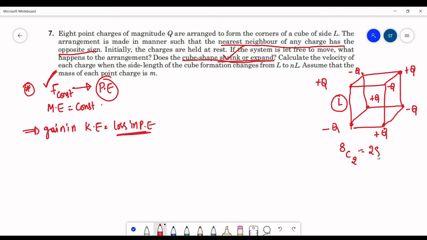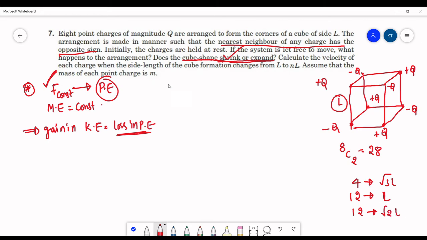So a total of 28 pairs are there in this system. 4 pairs will be diagonally opposite, meaning 4 pairs will have a distance of root 3 L. Some pairs are nearby each other and some are face-diagonally opposite. So you can count 12 that are nearby each other, meaning the distance between them will be L, and 12 will be face-diagonally opposite. So the distance between them will be root 2 L.